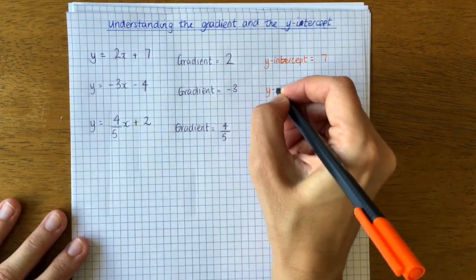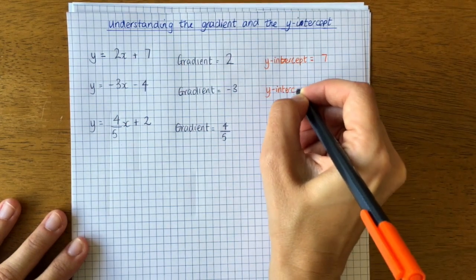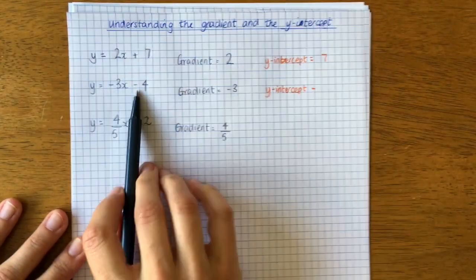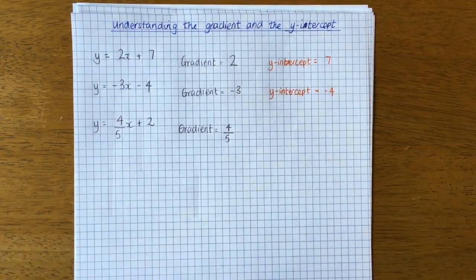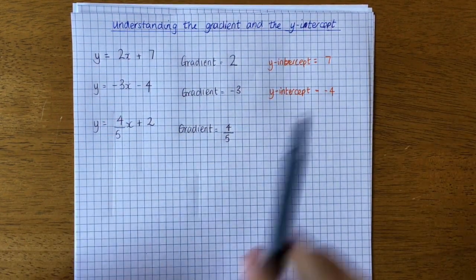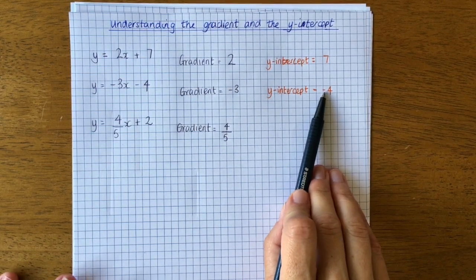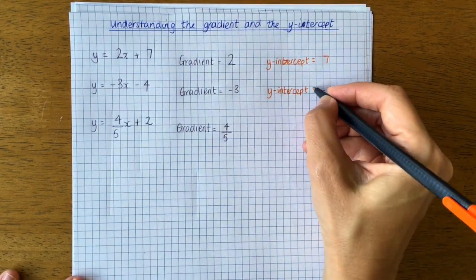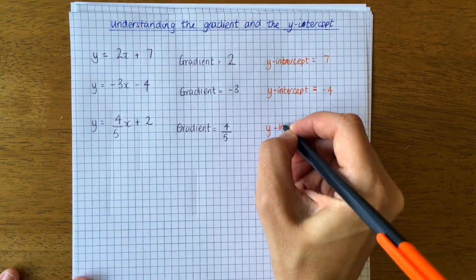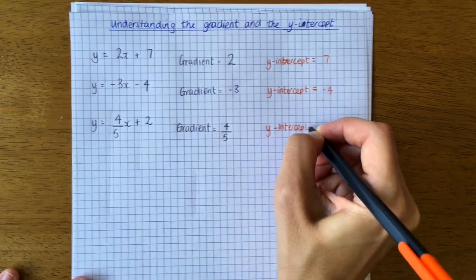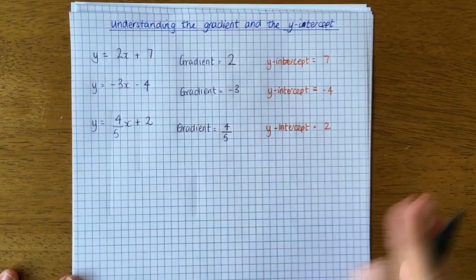The next one, the y-intercept this time is negative 4. Do you remember that second line that we looked at? It went through negative 4, so it's important to put that it passed through negative 4. Otherwise, people might think it's gone through normal 4. And the third one, the y-intercept would simply just be 2.